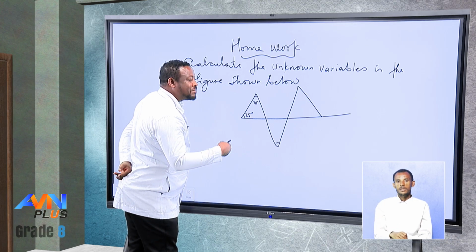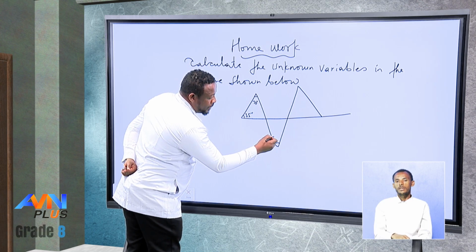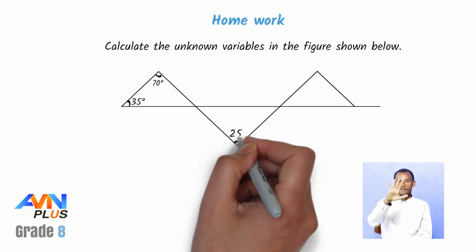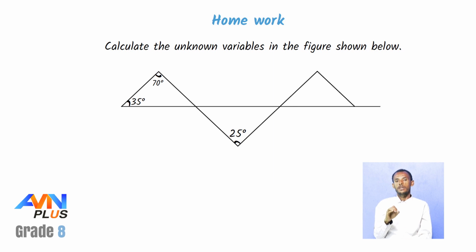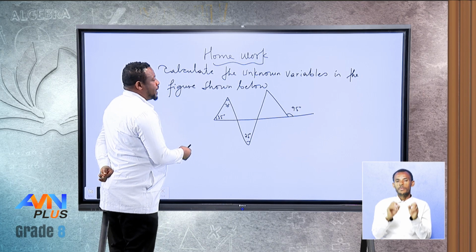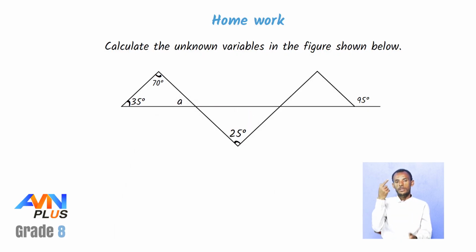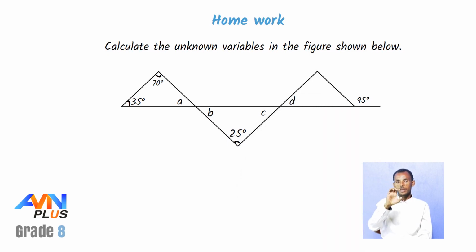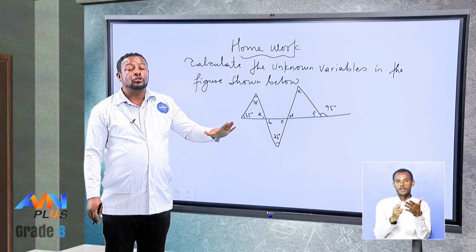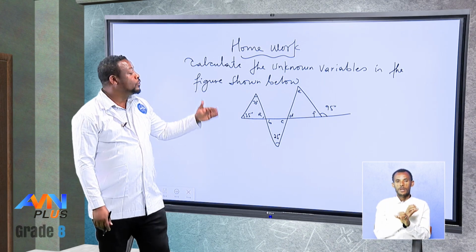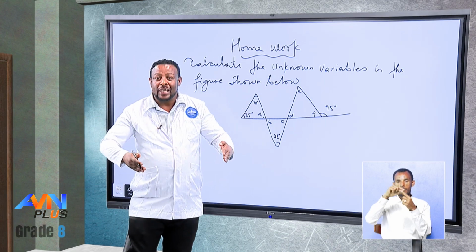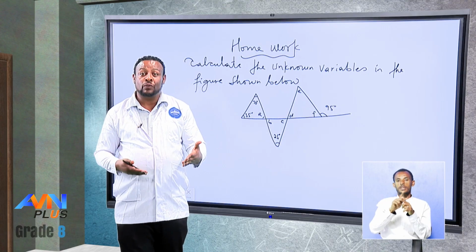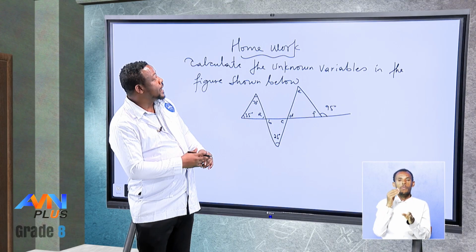Assume this angle is 25 degrees and this is 95 degrees. Say the angles are A, B, C, D, E, F. From this figure, you are asked to calculate the unknown variables A up to F. This is a practice question for you. Take this as homework.